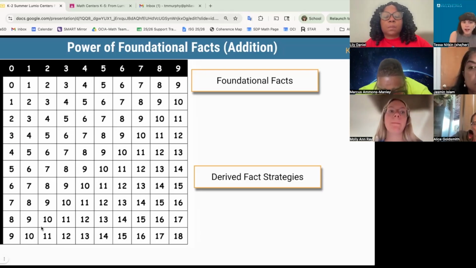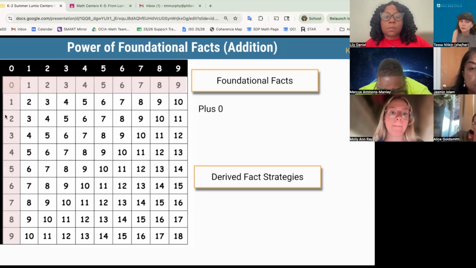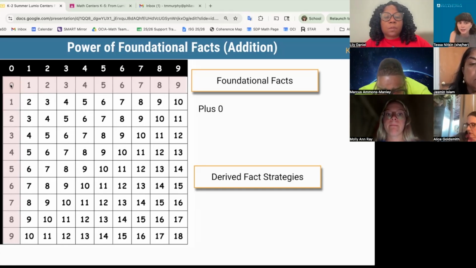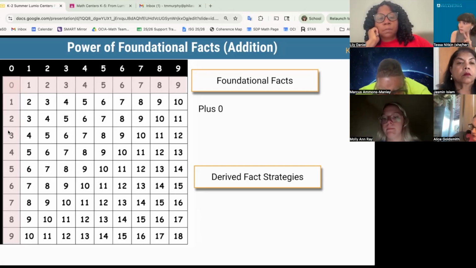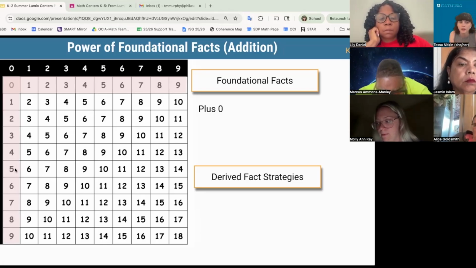So our foundational facts, we start with plus zeros, which some of you named in the chat, and note that this highlights both the vertical column and the horizontal, because if students have a strong concept of commutativity, they should be able to reverse their facts. So if I know 3 plus 0, I should also know 0 plus 3.